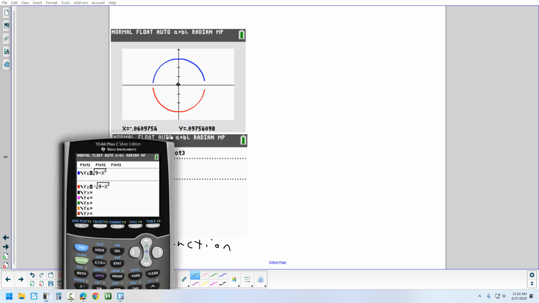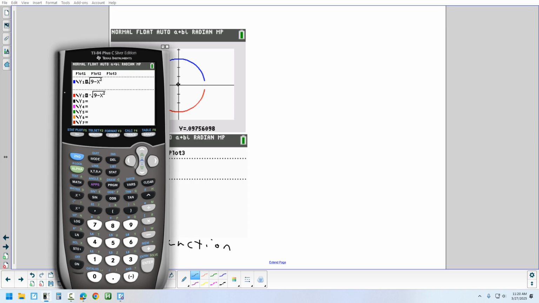All right. So now let's go to parametric. In parametric, we just did a spiral. If I want to do a circle of radius 3, I pretty much have the equation there. I just have to change one thing. What do I have to change to make that a radius of 3? The t in front.